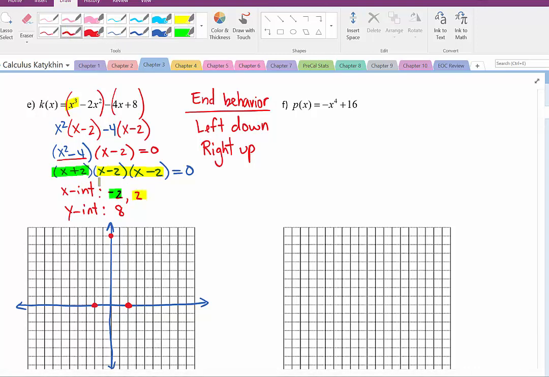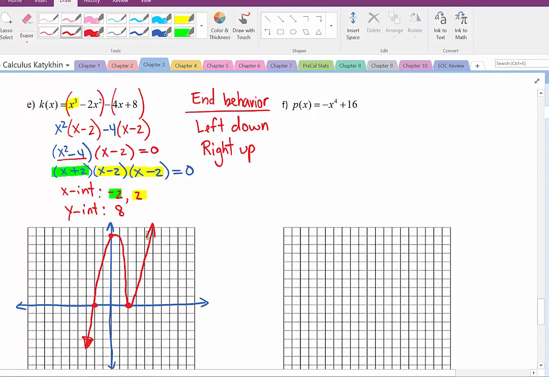Since I have an even number of positive 2 roots and an odd number of negative 2 roots, the left side is going to be going down, going through that point, but it's going to bounce off the positive 2.